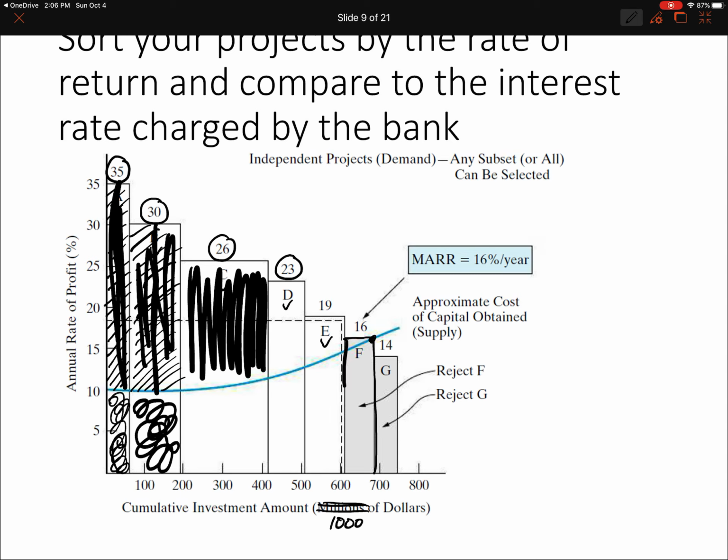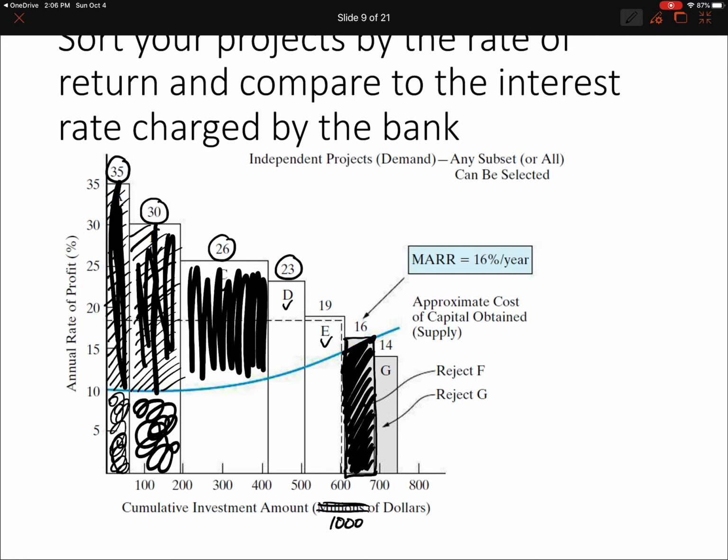Then this is the interest rate you need to pay, and this is how much profit you can make. If you compare that with how much you need to pay the bank, the area is almost the same, which means the little more you borrow barely covers the interest you need to pay to the bank.